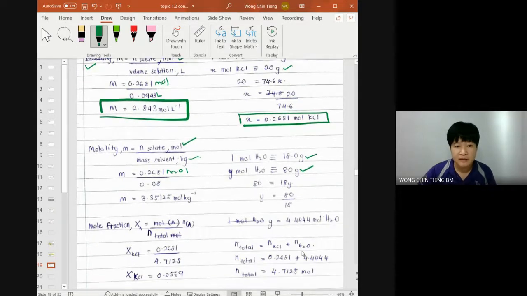Sikit je saya nak betulkan. Your Y over here, bukan mole sayang. Your Y over here adalah gram, betul tak? Kan? Alright, that is the gram.